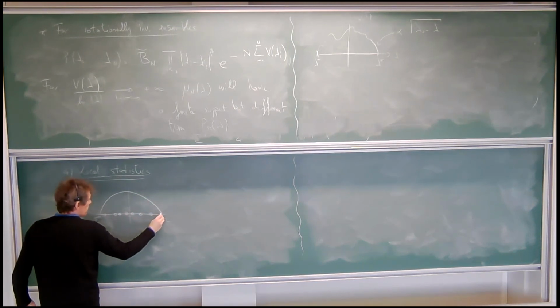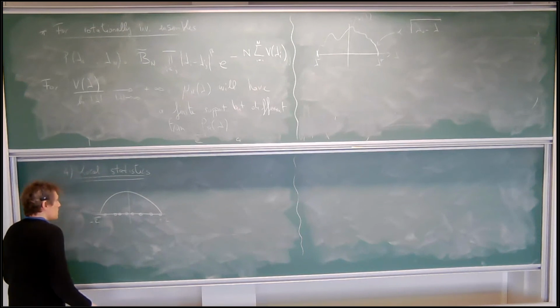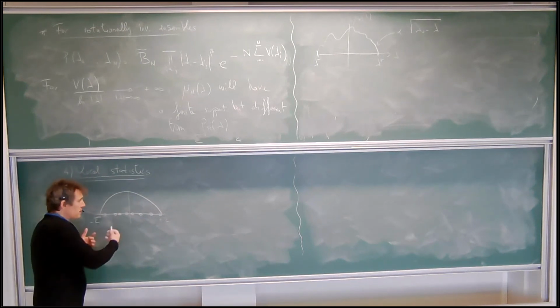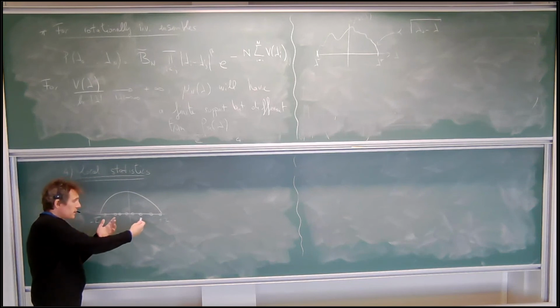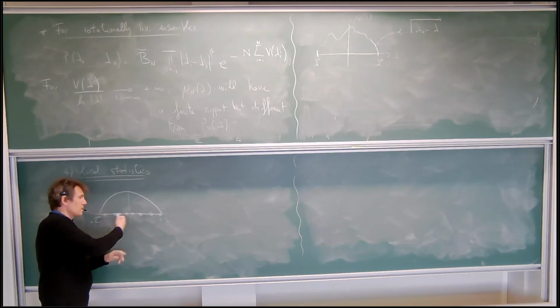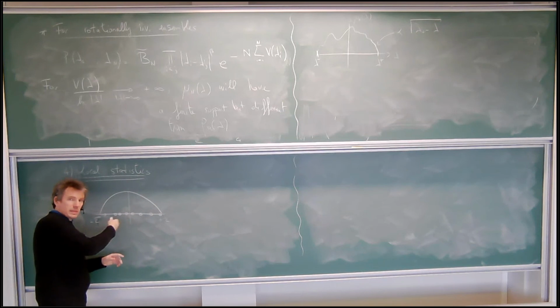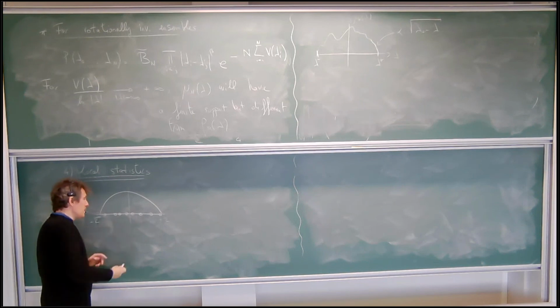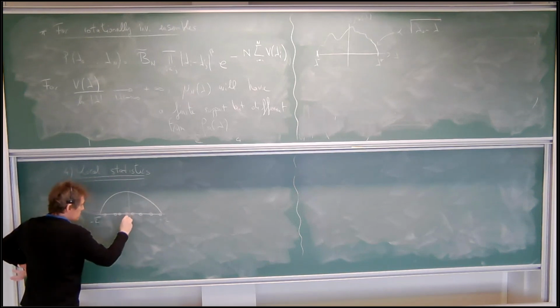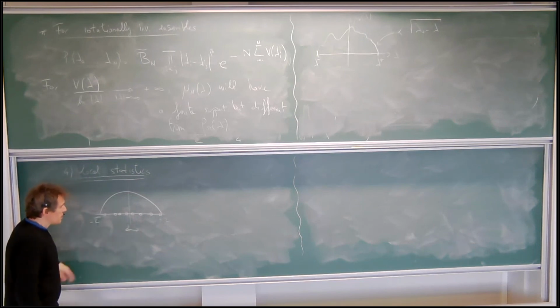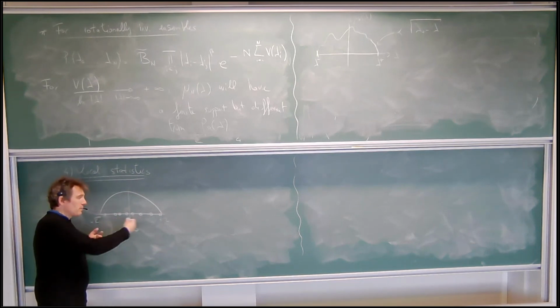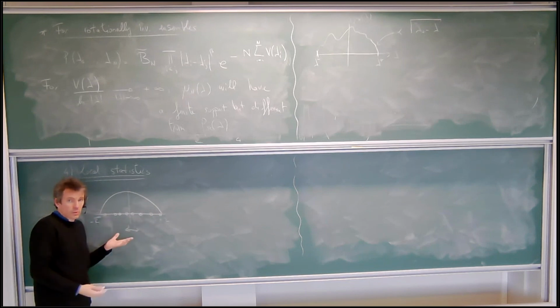So the idea is that since I have n particles in this segment, which is of order 1, if I look at what happens near the center, the density doesn't vary very rapidly. And in particular, the interparticle distance is easy to estimate, because I have n particles in an interval which is of order 1.